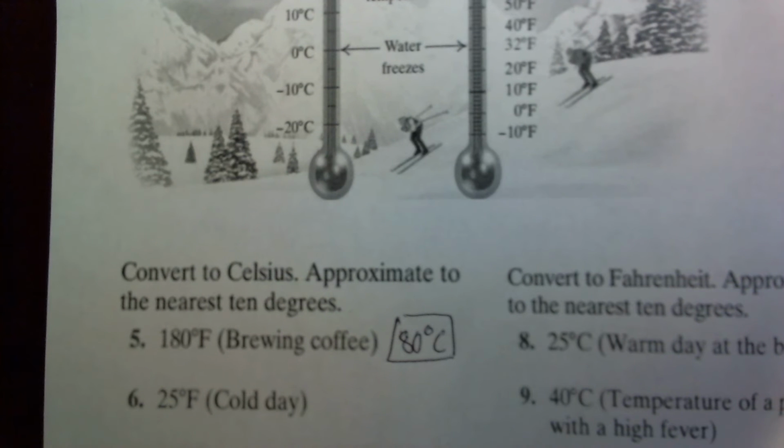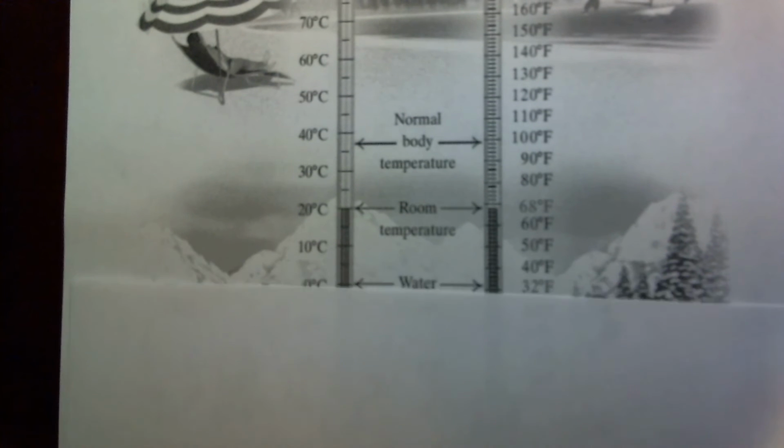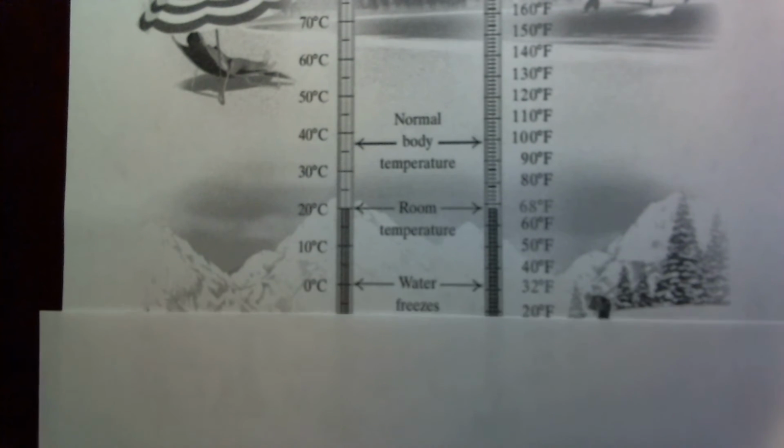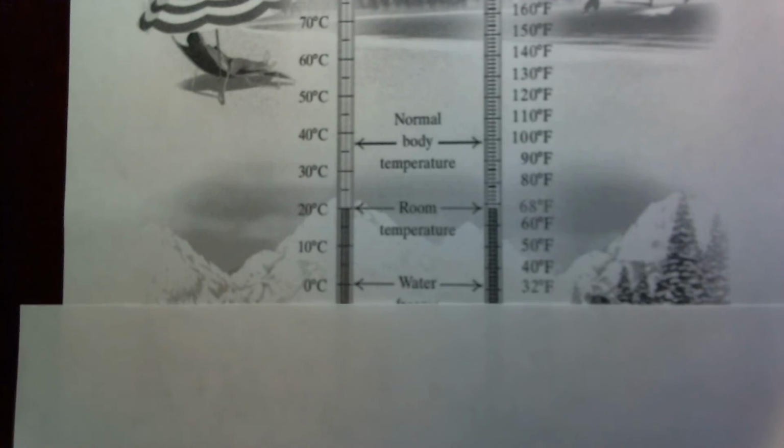And the other one, at 25 degrees Fahrenheit on a cold day, to see what that looks like in degrees Celsius, we go to 25 degrees Fahrenheit, and that's between 20 and 32, so that's very close to 0 degrees Celsius.